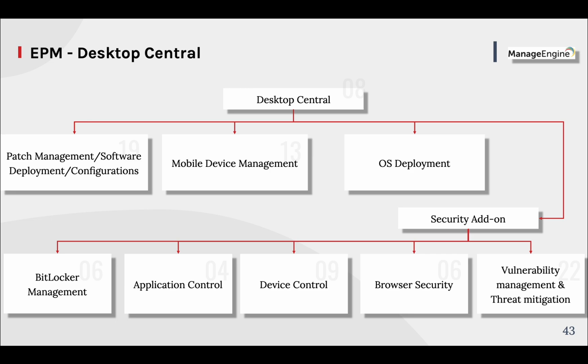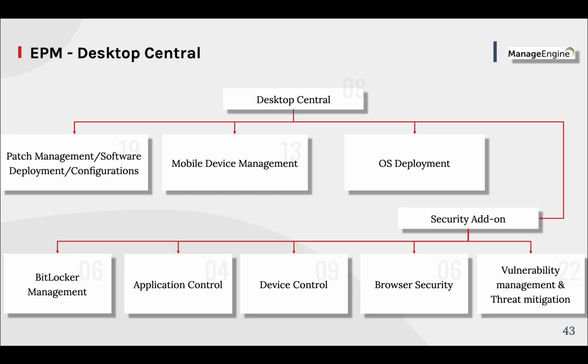So Desktop Central is a unified endpoint management software that can do patch management, software deployment, configurations for endpoint hardening, mobile device management for iOS, Android, and Windows devices, Chromebooks, Windows OS deployment.